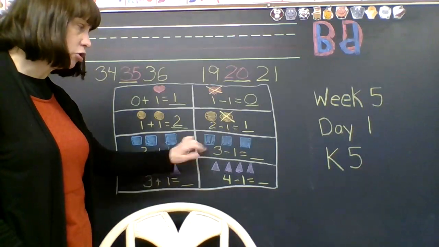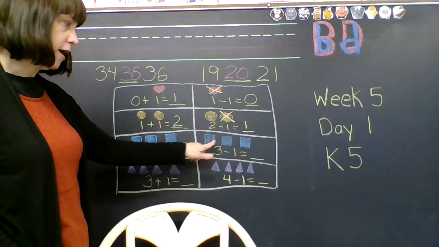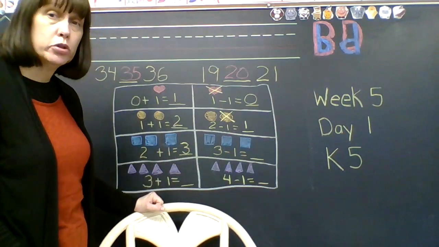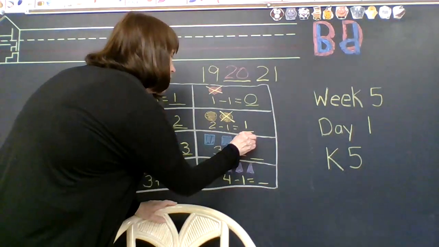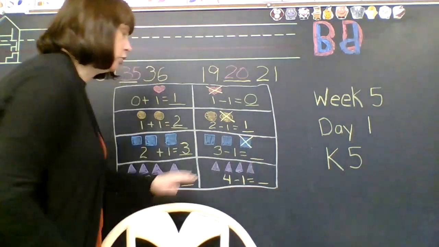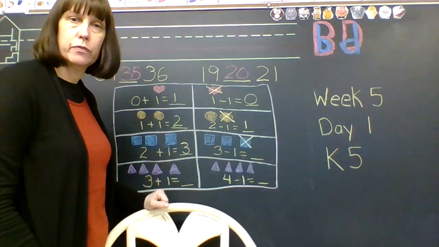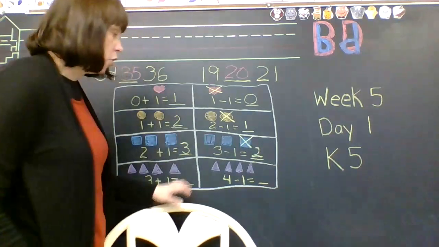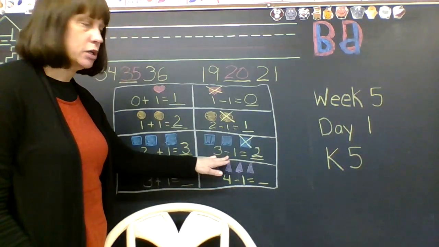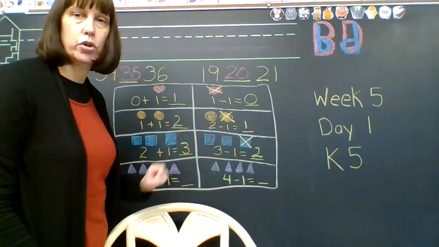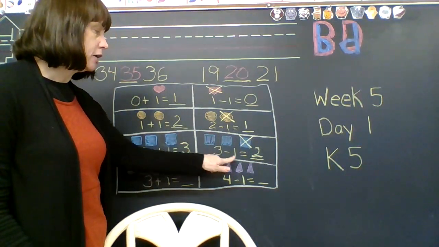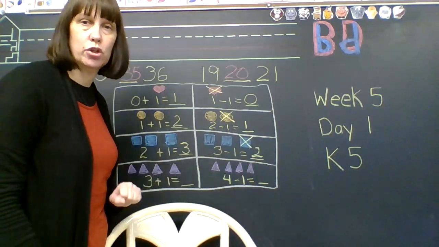Now the subtraction problem. We have how many blue squares? 1, 2, 3. 3 blue squares minus 1 blue square equals how many left? 2. So, 3 minus 1 equals 2. Say that with me. 3 minus 1 equals 2.